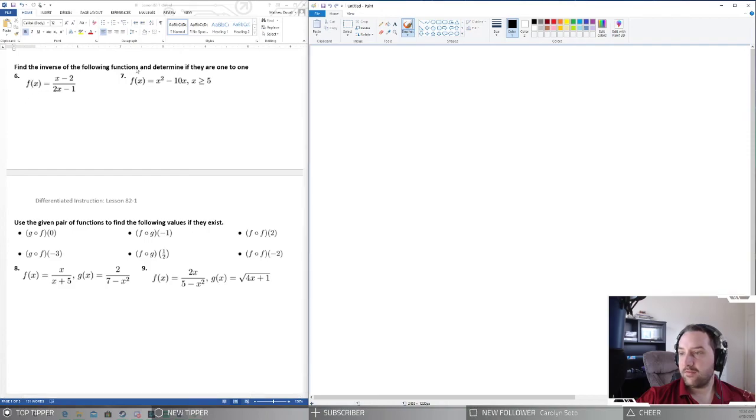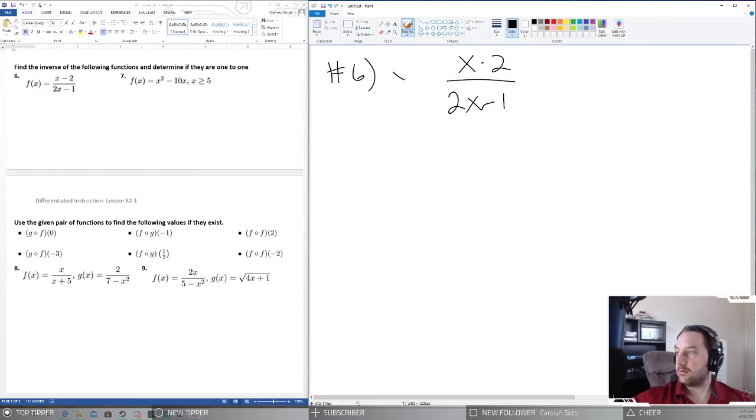For finding the inverse, let's look at number 6. So you have x minus 2 over 2x minus 1. So switch the x and y, that's the first step.